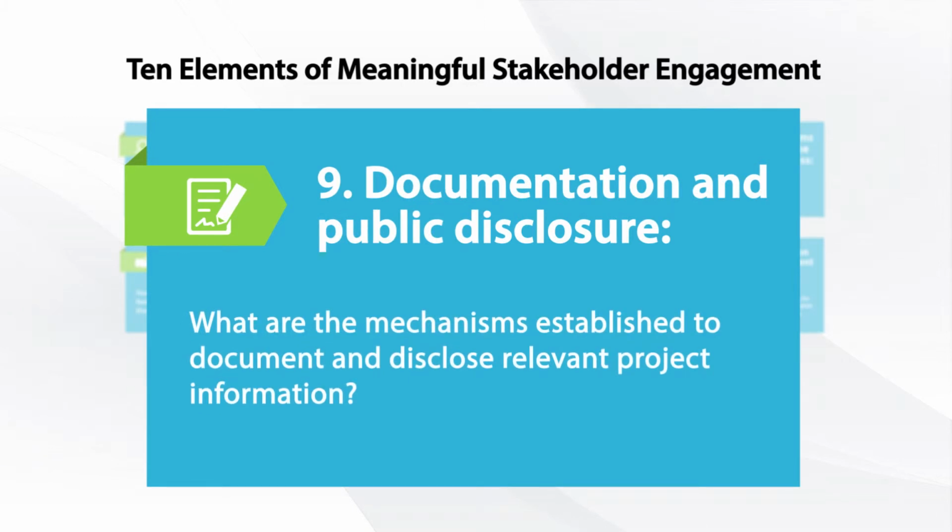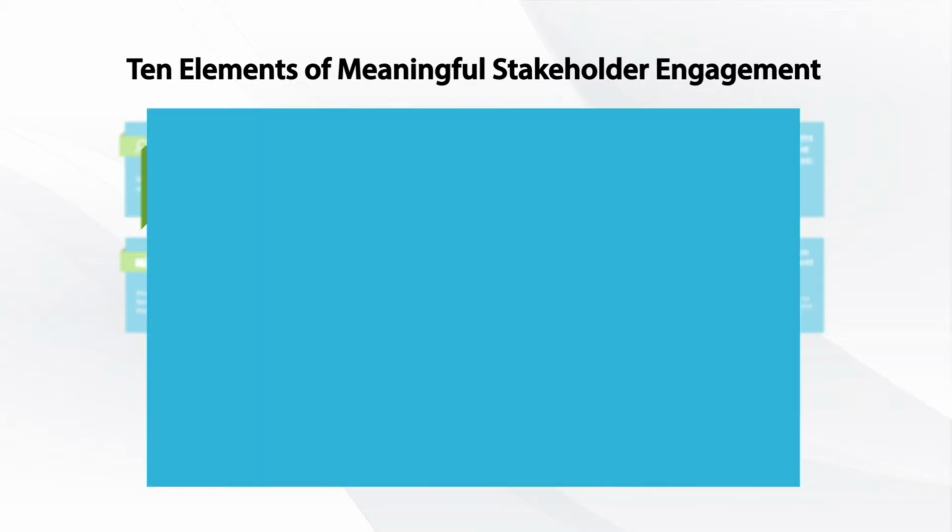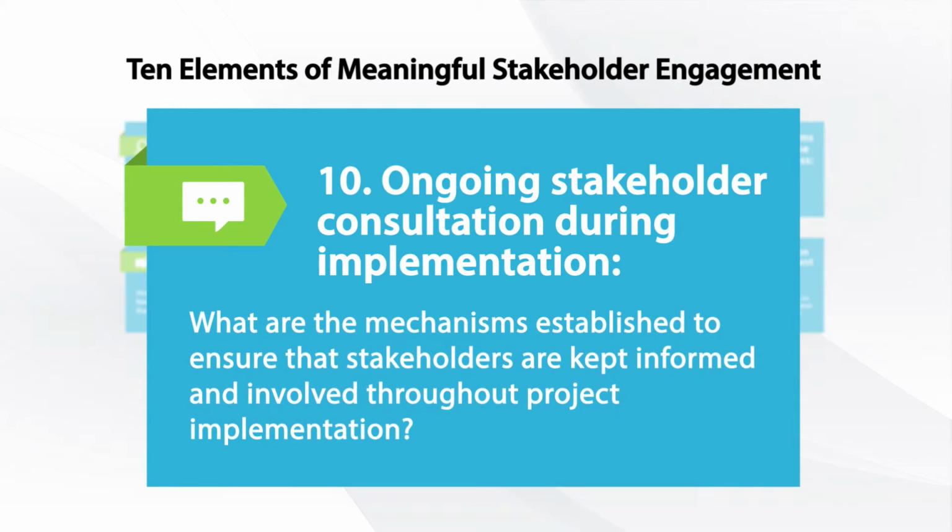The process needs to be documented well, and many of the studies and documents need to be disclosed to the public. And finally, this goes beyond project planning and project approval. Element number 10 covers ongoing stakeholder consultation during project implementation. What are the mechanisms established to ensure that stakeholders are kept informed and involved throughout the project?